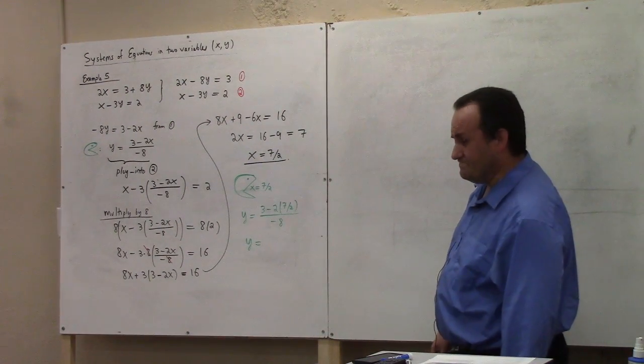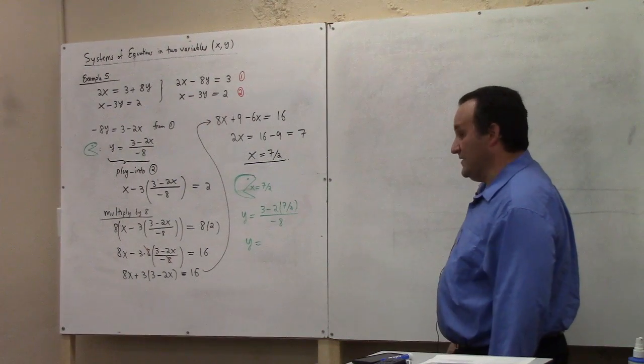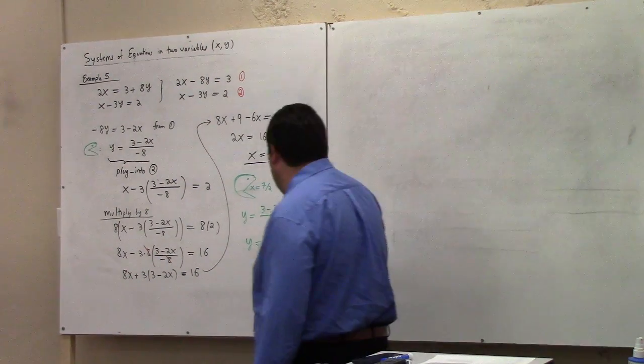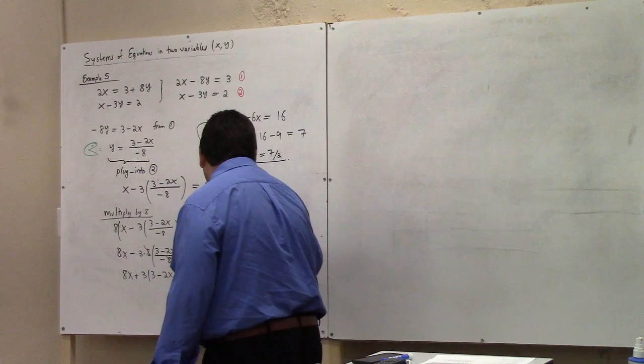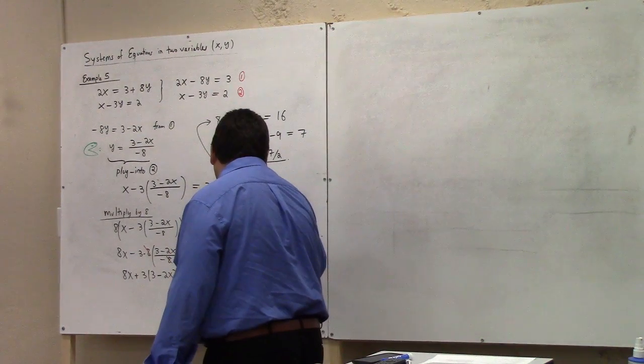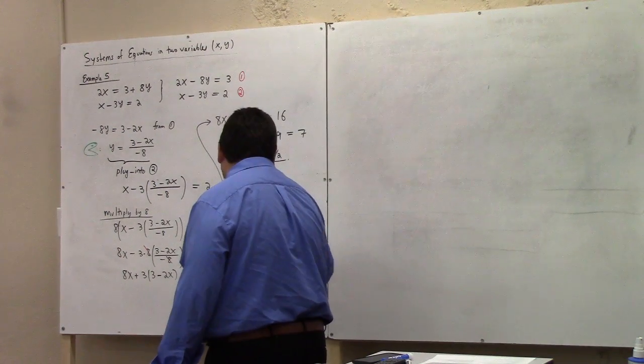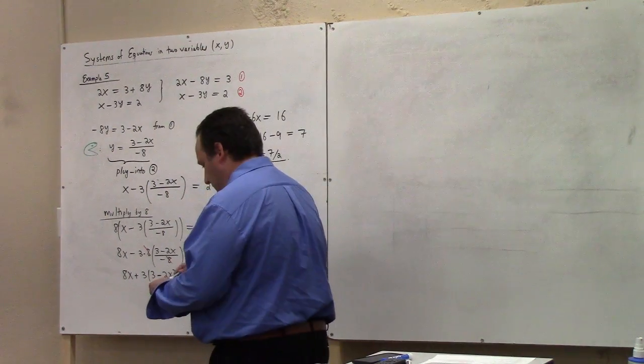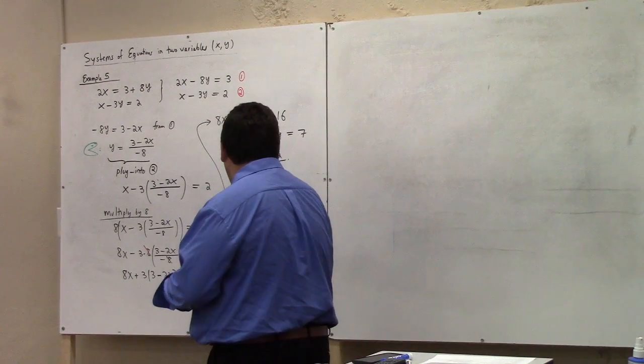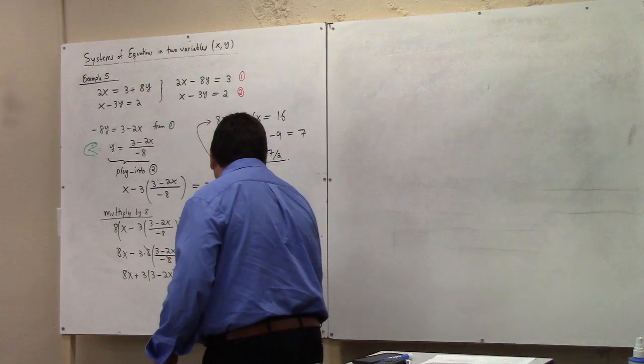Minus 4. So we have minus 4 over minus 8. Also known as a half, right? So therefore, my solution is 7 halves, comma 1 half.